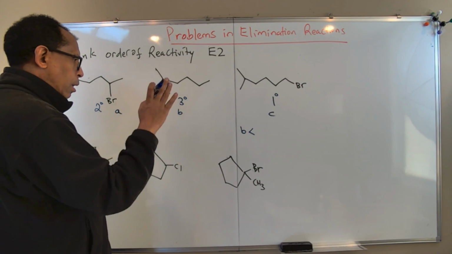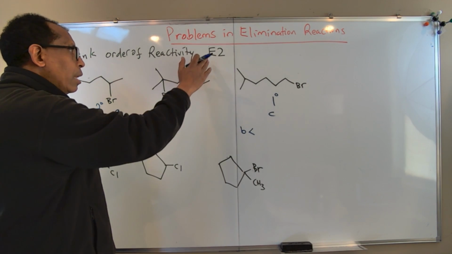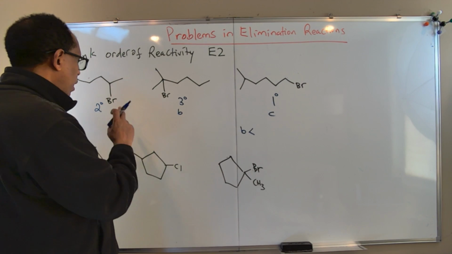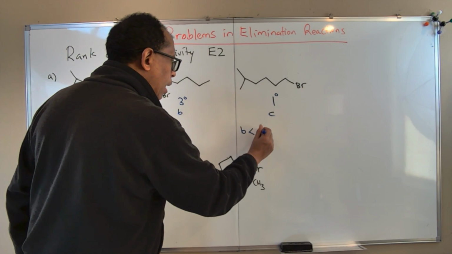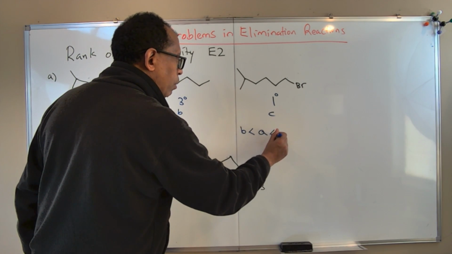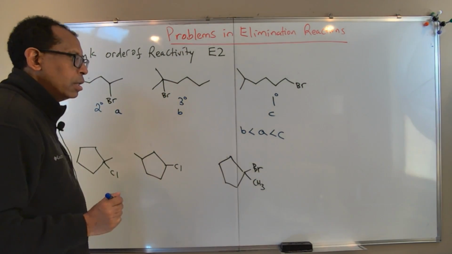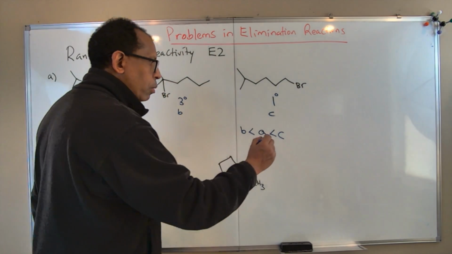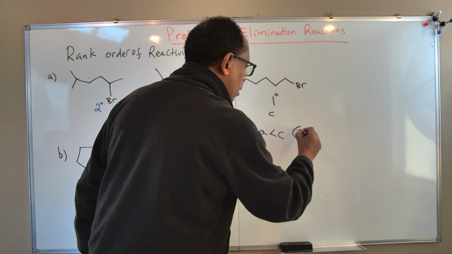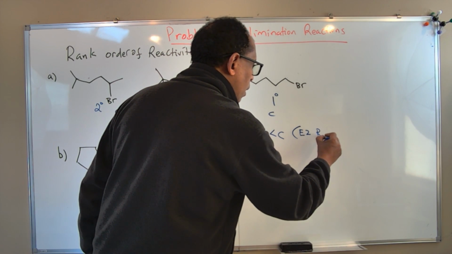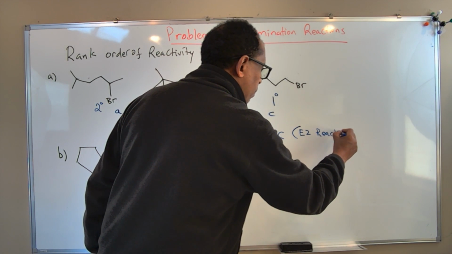The least reactive one would be B in the E2 mechanism, the next one would be A, and the most reactive would be C. So this is the order of increasing E2 reactivity.